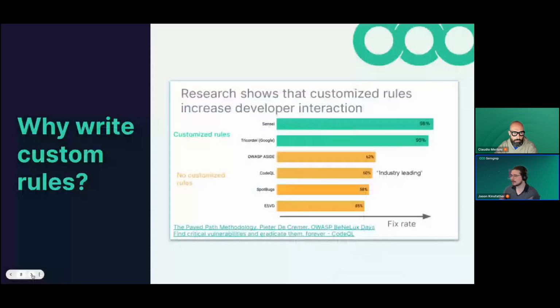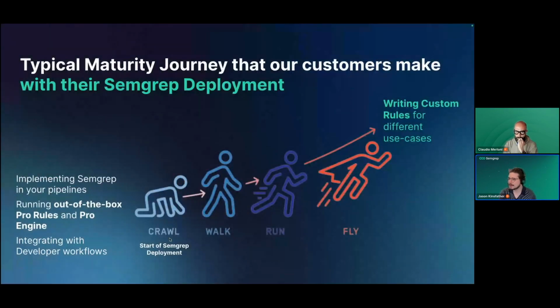And this is borne out in independent research in academia as well, where we see industry-leading tools like CodeQL having only about a 60% fix rate out of the box, whereas ones with customization having 98, 95%. These are pretty eye-popping numbers. And this is what we see in terms of our customer involvement as they adopt Semgrep as a scanning tool for either first-party code, third-party code, or secrets.